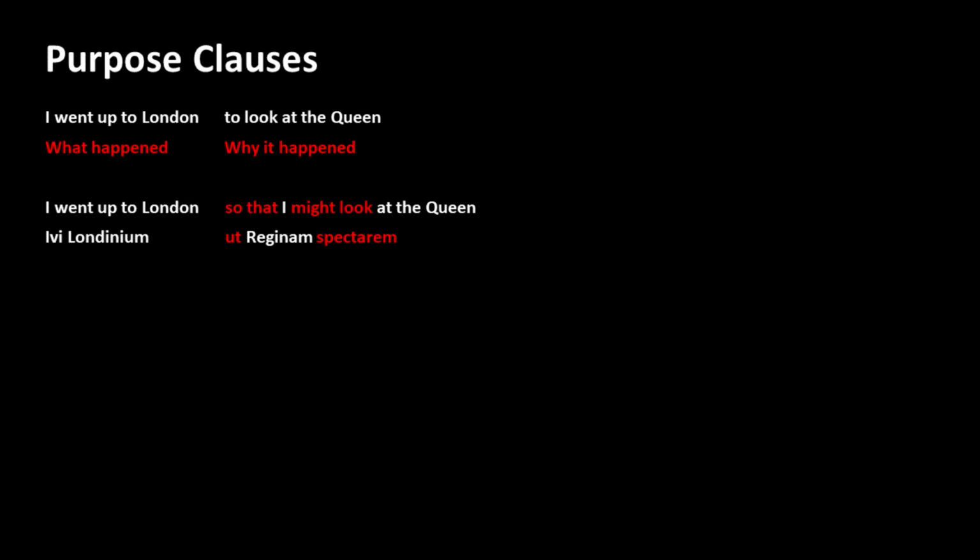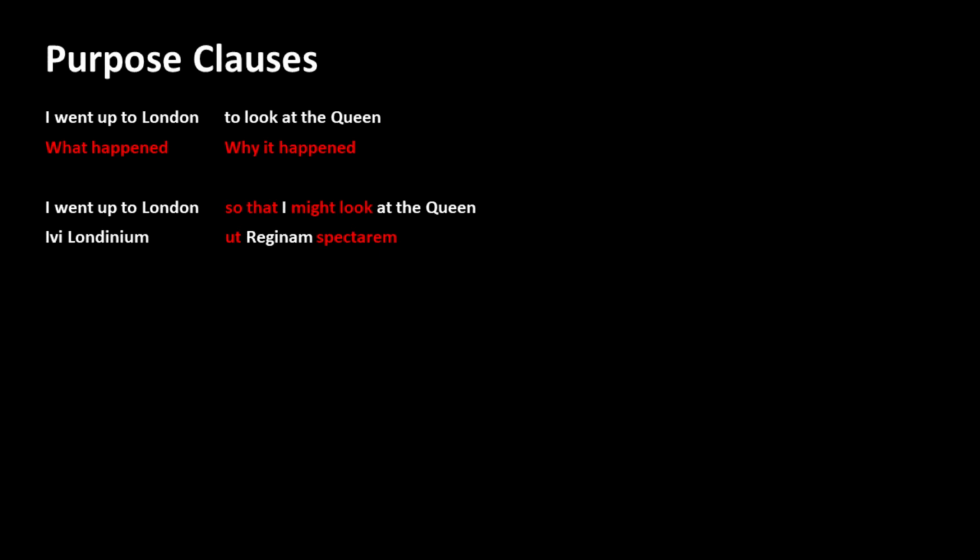In Latin, though, a purpose clause of this kind requires both ut and a subjunctive. What tense of subjunctive depends on considerations which I will discuss much later in this series of videos.